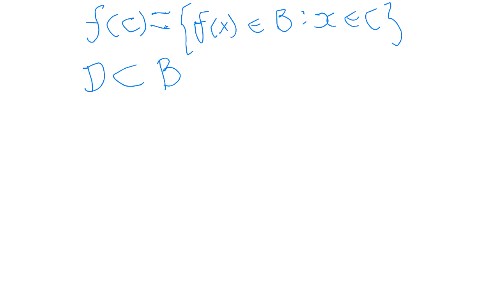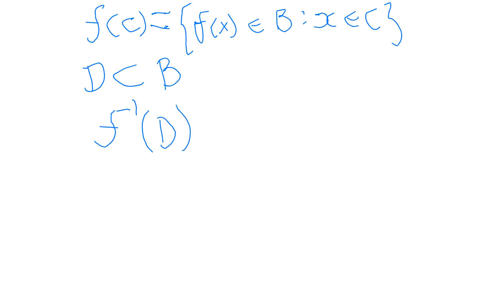So now, next one. Let D be a subset of B. The inverse image of D is defined as, look at the symbolism now, we read this as f inverse D. That's an f with a negative one at the top.